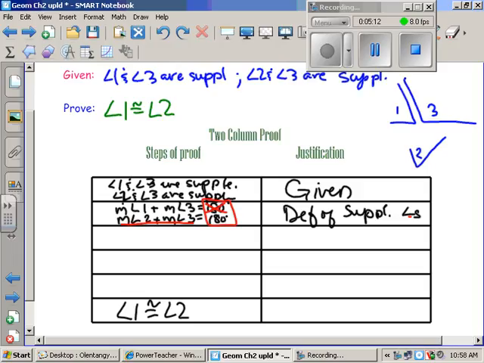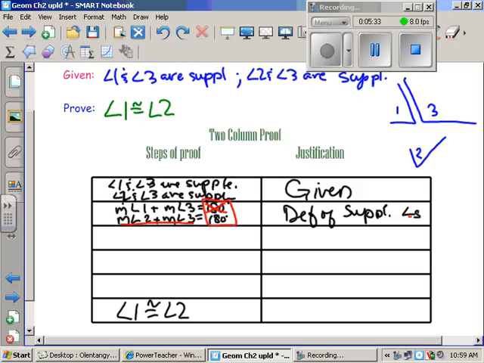Whenever they tell me that two things are equal to the same number or the same angle or the same segment, that's a signal that they're going to want me to substitute. Okay? So since these two are both equal, I'm going to take out this 180 and replace it with this. Does that make sense, everybody?